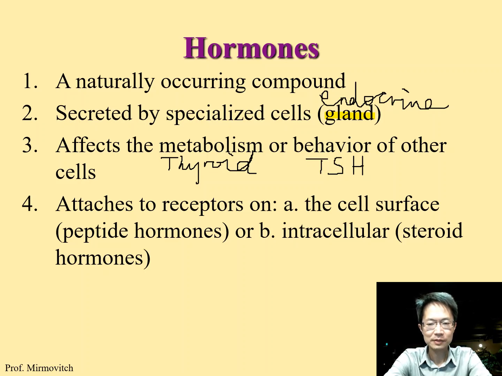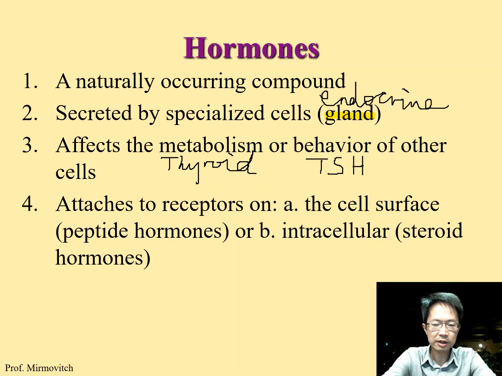The anterior pituitary gland will secrete TSH, and then TSH will travel by blood to the thyroid gland, and the thyroid gland will secrete thyroid hormone. So that's what it means. Hormones can affect other cells. In this case, TSH is a hormone. It can affect the thyroid gland, the thyroid cell.